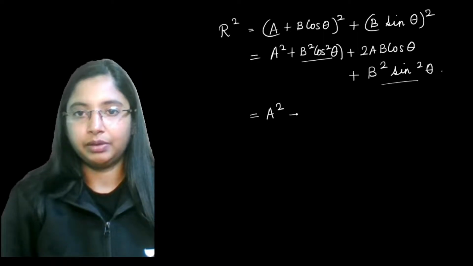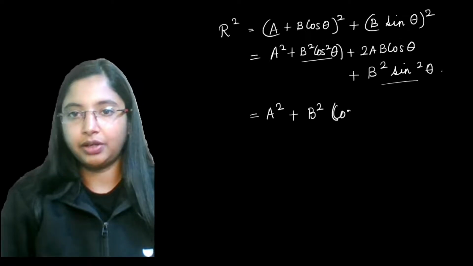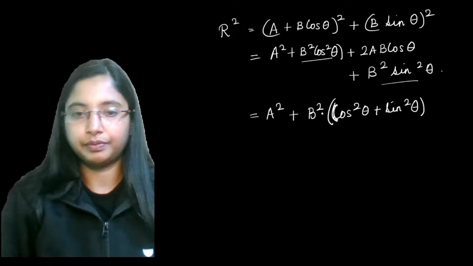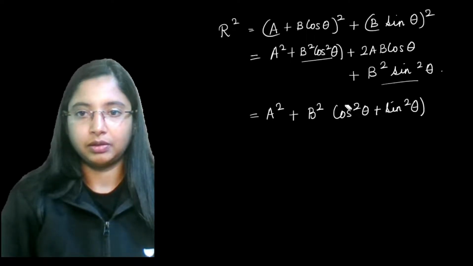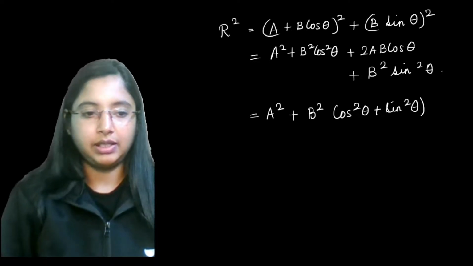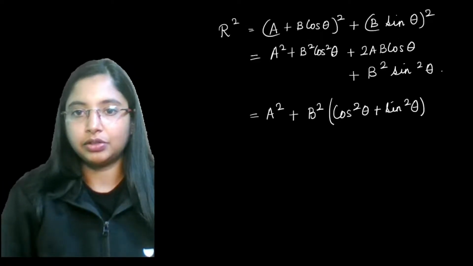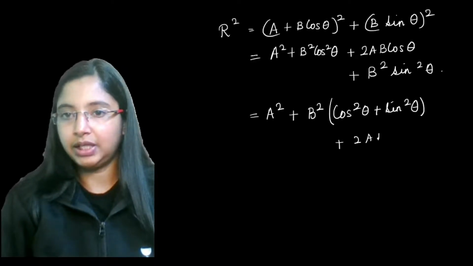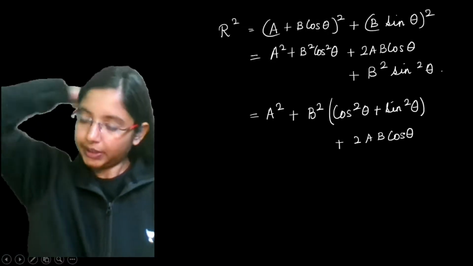So you have A square plus B square times cos square theta plus sin square theta, plus 2AB cos theta.